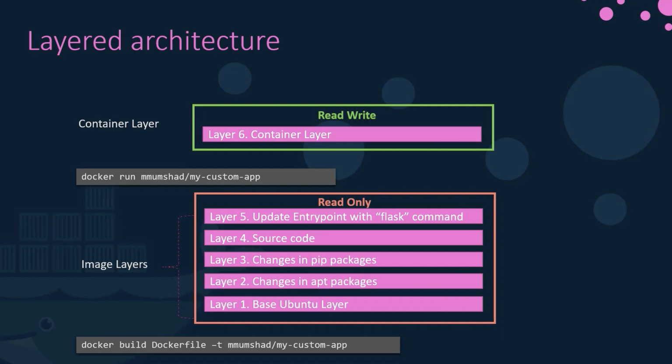The life of this layer, though, is only as long as the container is alive. When the container is destroyed, this layer and all of the changes stored in it are also destroyed. Remember that the same image layer is shared by all containers created using this image.